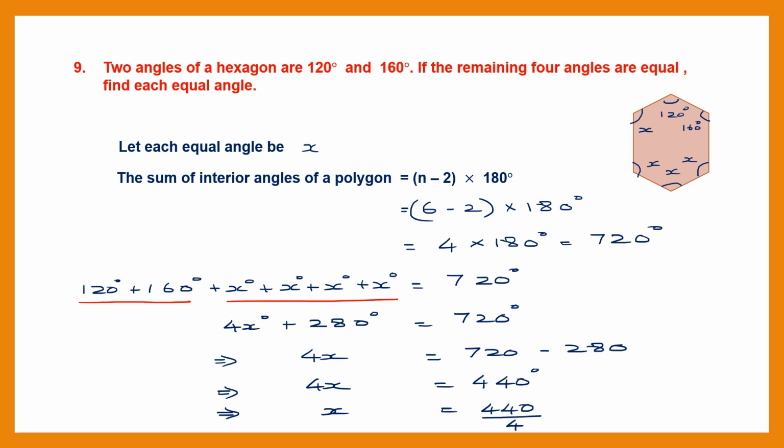So when you divide this by 4, 4 ones are 4, 4 ones are 4 and 0. What do we get? 110 degrees. So what have we found? We have found the value of each equal angle, that is x, and we found it out to be 110. So let's write it down here. The answer is 110 degrees. This is the value of each angle.